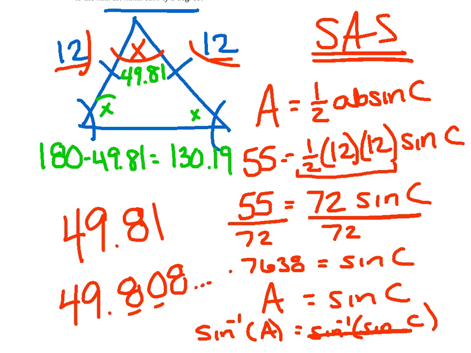Okay, so that's telling me that those two angles have to add up to that, but I also know they're the exact same because of the word isosceles, so I can just take that angle that I have and divide it by 2, which tells me that each of those base angles, and I'm running out of room here, should be 65.10 to the nearest hundredth.